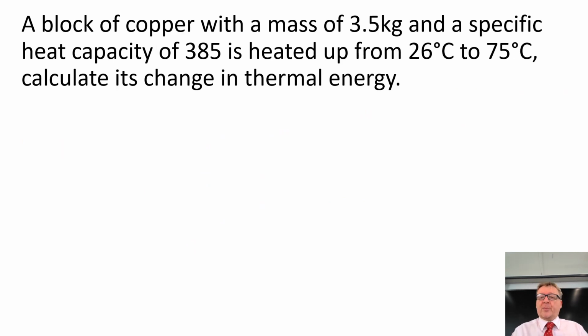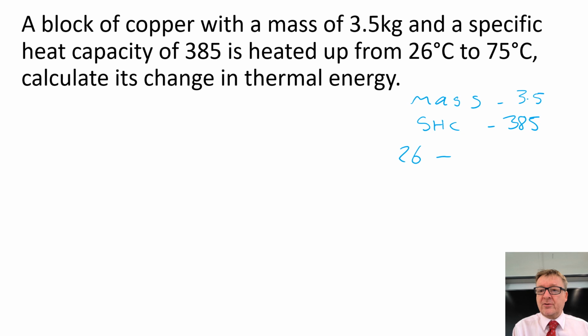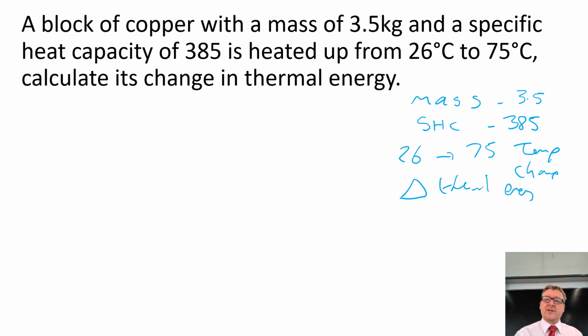A block of copper has a mass of 3.5, a specific heat capacity of 385, and is heated up from 26 to 75 degrees C, so that is a temperature change. Calculate the change in thermal energy. So I go through my equation sheet and find the correct equation.